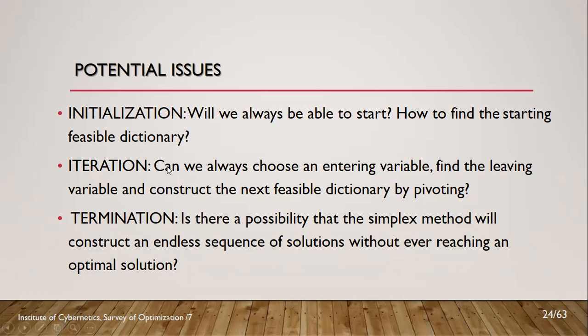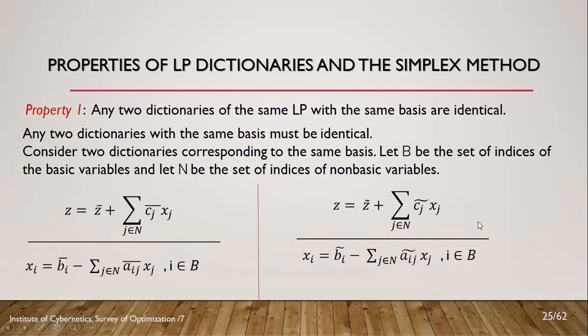Now let's consider the iteration issues, which are whether we can always choose an entering variable and find the leaving variable, and their solutions. The ways to handle these issues at the stage of iteration are based on the following properties of LP dictionaries and the Simplex method.